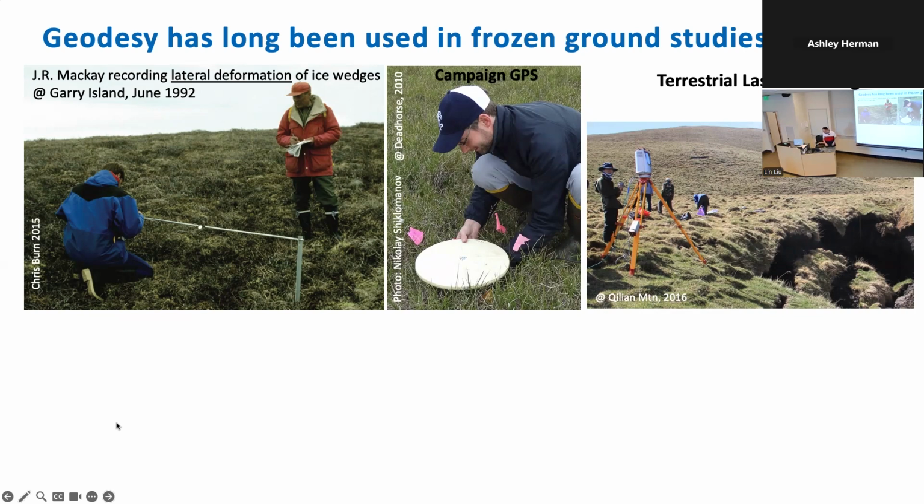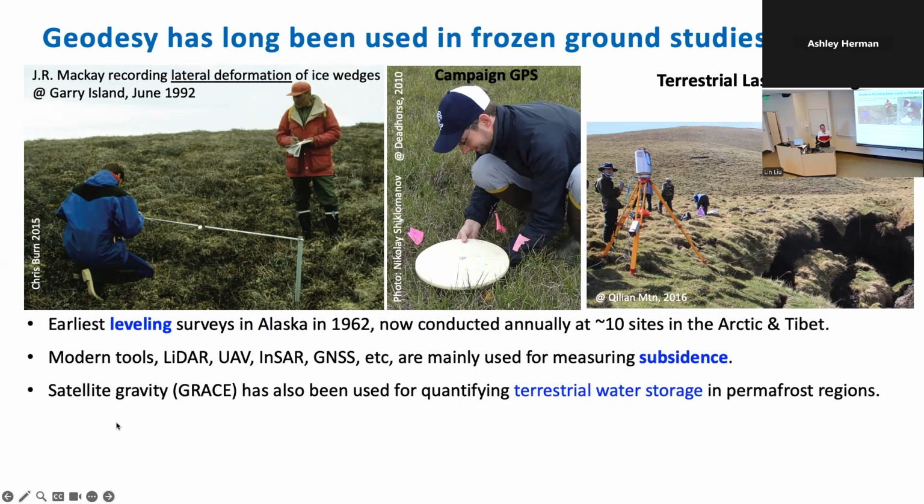You can also conduct, for instance, terrestrial laser scanning to look at sinkholes as a form of thawing permafrost. Early studies used leveling, starting in Alaska in the early 1960s, and it's now conducted at around 10 sites over the Arctic and Tibet on an annual basis.